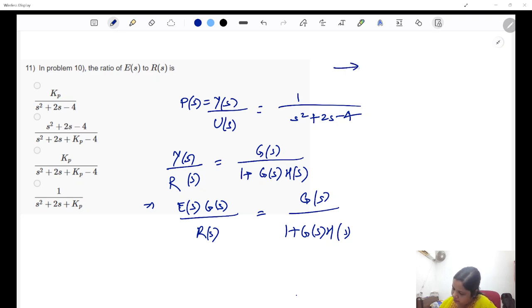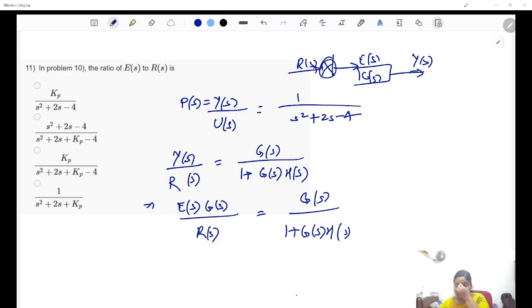So what I'm doing is, you are getting ES over here and you have CS over here and then you have YS coming over here. Here you have reference RS. So from here you can write YS is equal to CS into ES. That is the rule of block diagram reduction, right? That is why I've written this here, YS replaced by ES into GS.